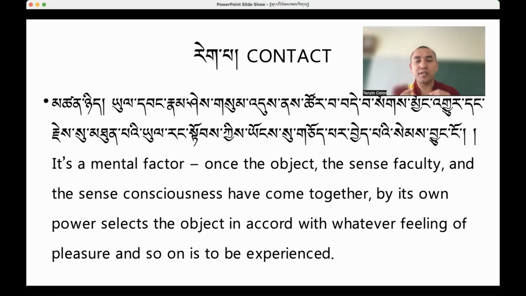Without contact, it would be impossible for our mind to meet the objects. So this is the definition of contact.